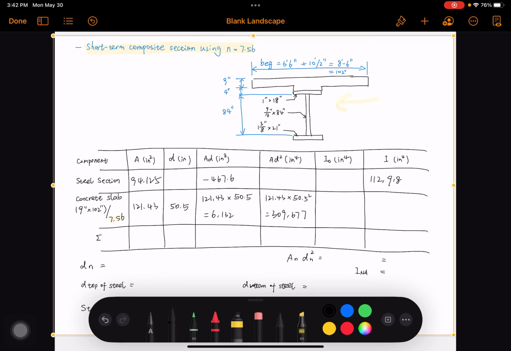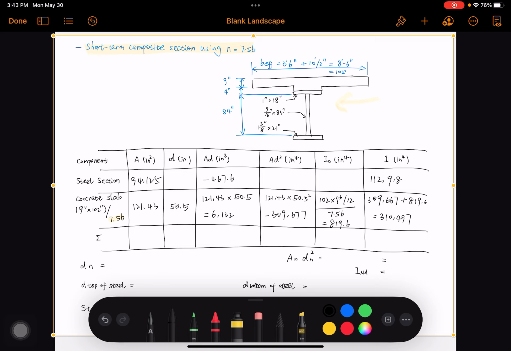I naught is 102 times 9 to the cube divided by 12 divided by 7.56, equal to 819.6, and I equal to 309,667 plus 819.6, equal to 310,497.